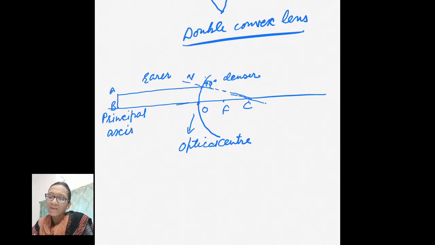The radius which starts from this point and goes up to the center of curvature is called normal. So when a ray goes inside from rare medium to denser medium, it does not continue in its initial path, rather it bends towards the normal. So this happens on the first surface.